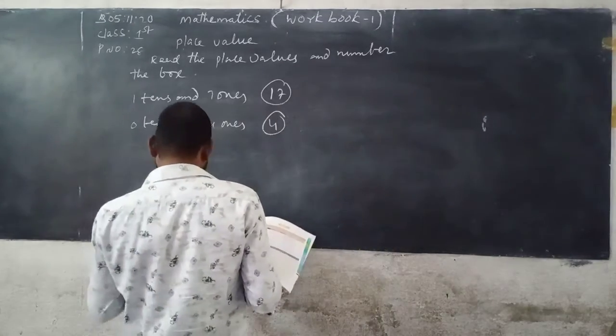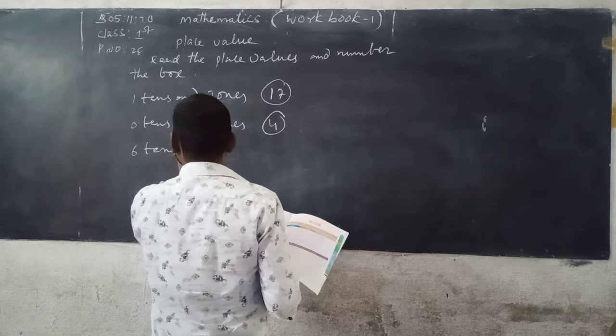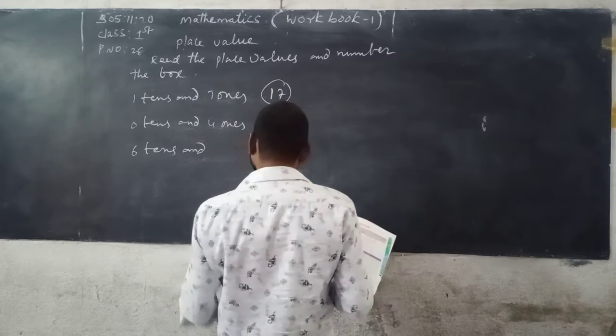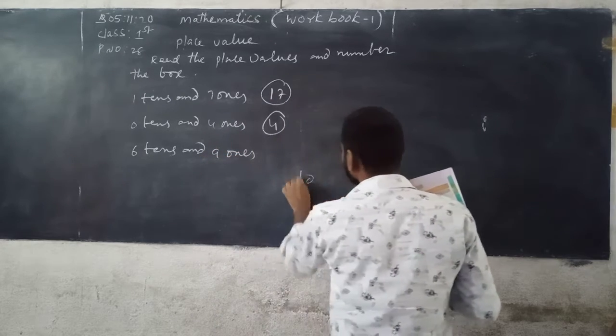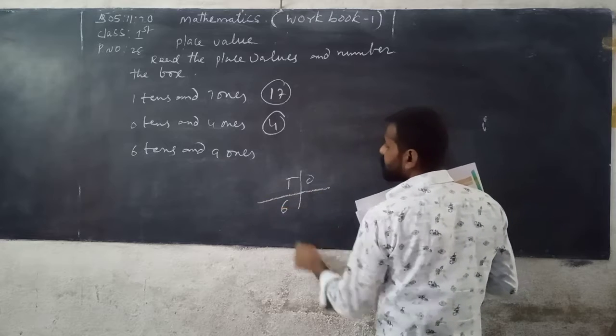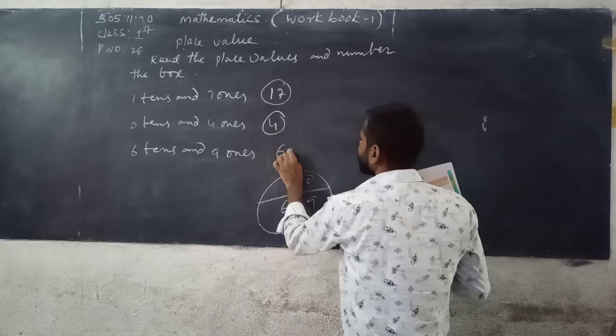Next, 6 tens and 9 ones. So ones place, tens place, 6 is in tens place, 9 is in ones place. The given number is 69.